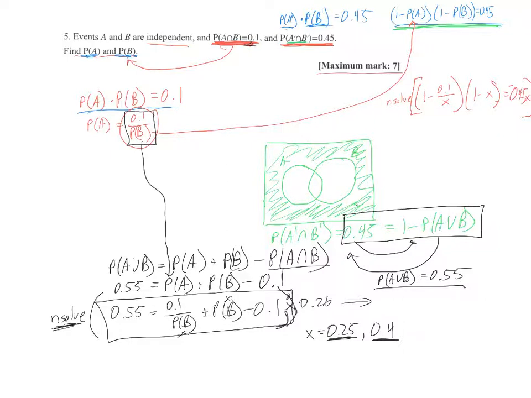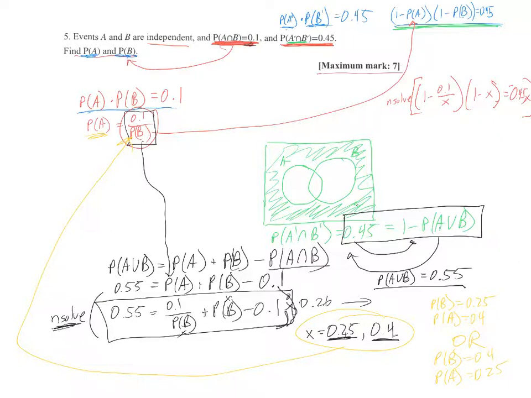So if x, which is probability of B, is either 0.25 or 0.4, then you need to put that back in and solve for A. And so in the end, when you put the 0.25, put this back in for B there, you should be able to solve for A. Okay, once you solve for A, you should get that either probability of B equals 0.25 and probability of A equals 0.4, or probability of B equals 0.4 and the probability of A equals 0.25.